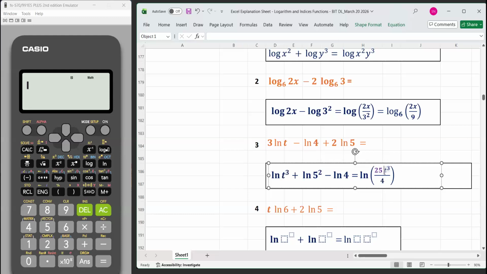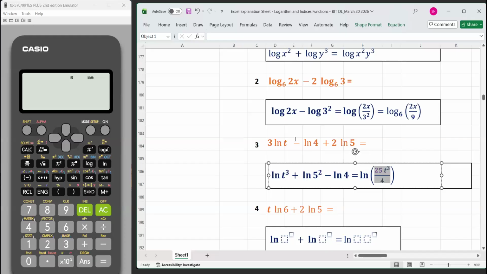So it means this is 25 times t raised to the power 3, we don't write the times sign. That is the addition rule. And then the division rule says that if you are subtracting, what you are subtracting goes in the denominator. So that gave me the number 4 in the denominator. That is how I was able to simplify this.